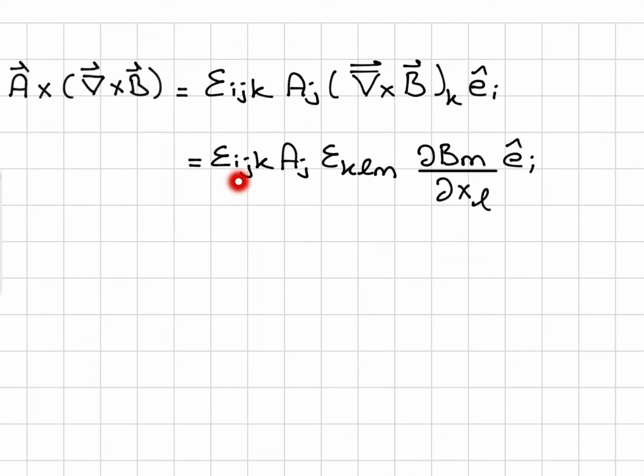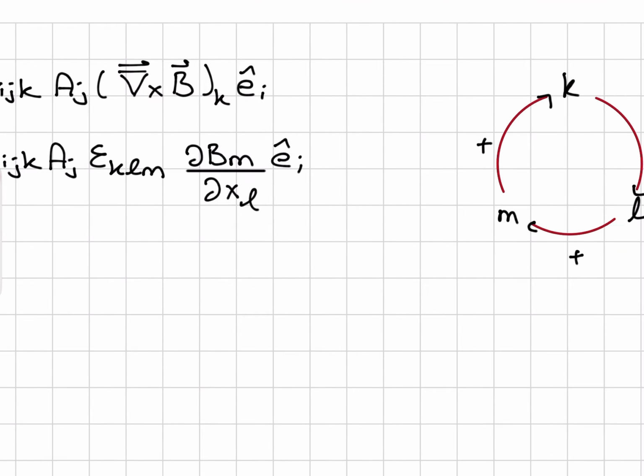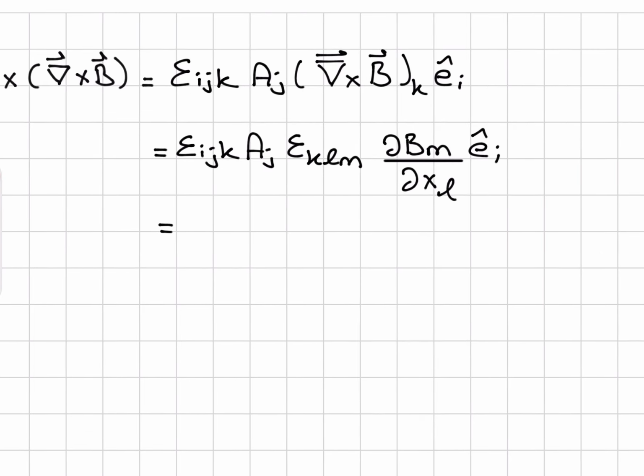Now we have the product of two Levi-Civita symbols, so we can use the Levi-Civita identity. To do that, we must have the K index in the same position, so KLM can be written also as LMK using these cyclic permutations. So we can write, instead of KLM, epsilon LMK.